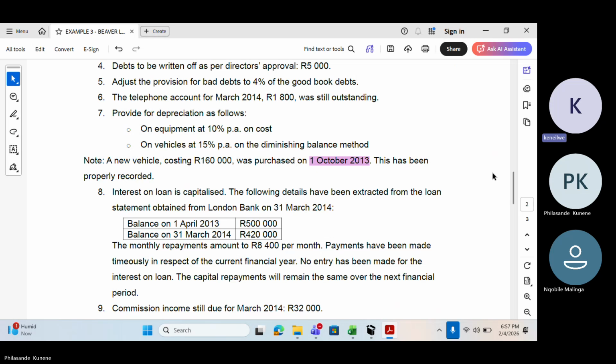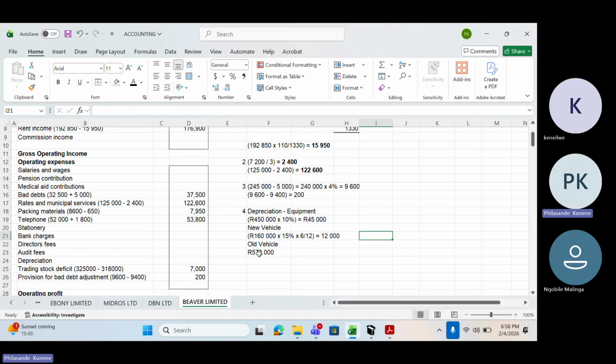I think we have to subtract 160,000 from the 570,000, and then we also subtract the accumulated depreciation. So we're going to say minus 160,000 first. Why are we saying minus 160,000? Because it said this has properly been recorded, and we've already calculated depreciation for that.